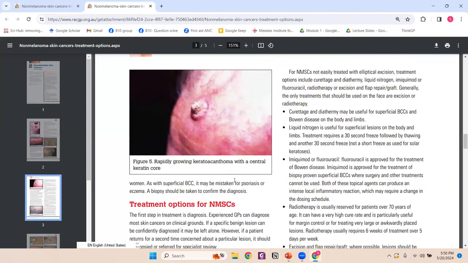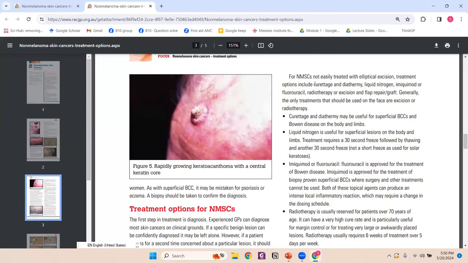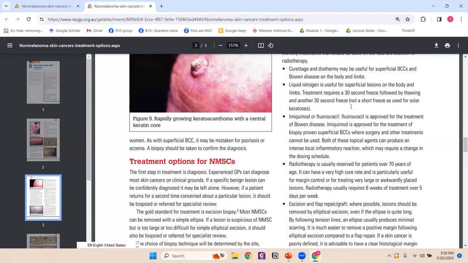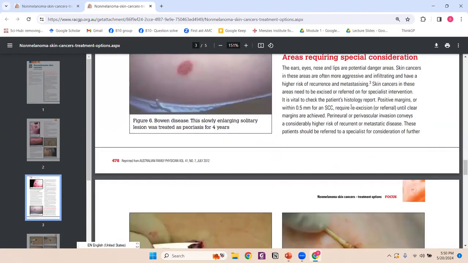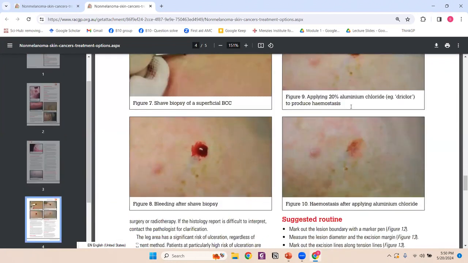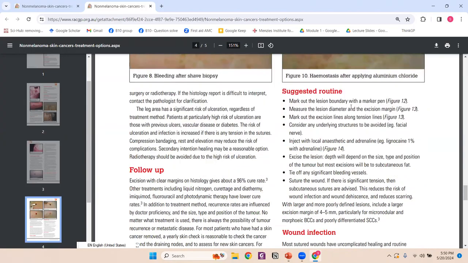Then you will have margins. Then the excision would be your treatment. But if you can't treat it with an excision, then other options like curettage, diathermy, liquid nitrogen can be used. Then special areas, eyes, nose, you have a separate management with precise excision.